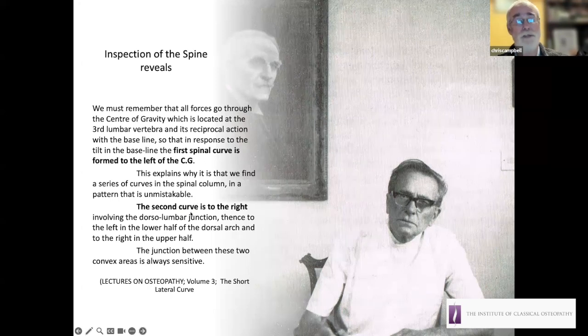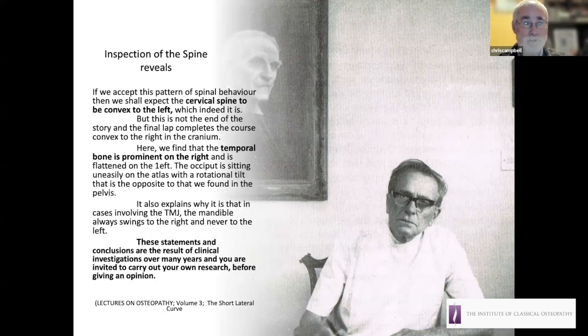The second to the right, involving the dorsal lumbar junction. Then to the left in the lower half of the dorsal, and to the right in the upper half. And the convex junctions are always sensitive. And then you expect the cervical spine to be convex to the left, following this pattern of curves.